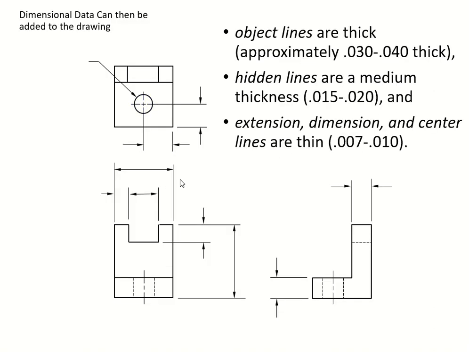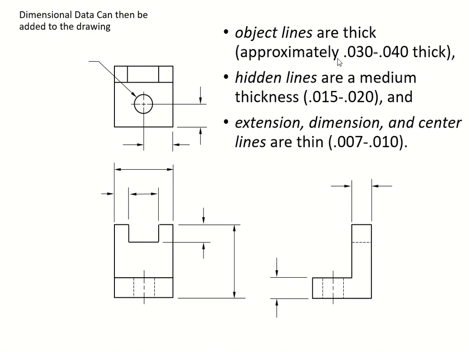Of course, they have particular dimensions, so we can put that measurement or dimension data into it. Right now you don't have to know, just know that we can add the dimension data to the views or the drawing.